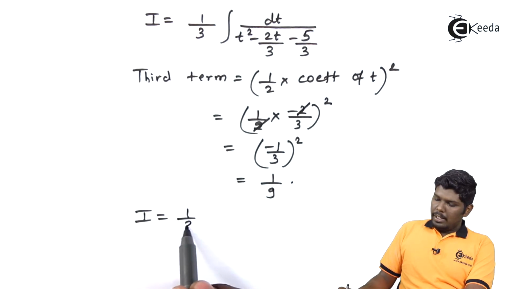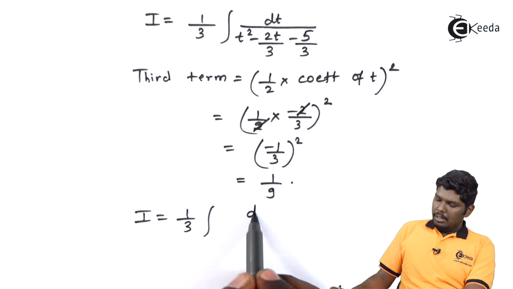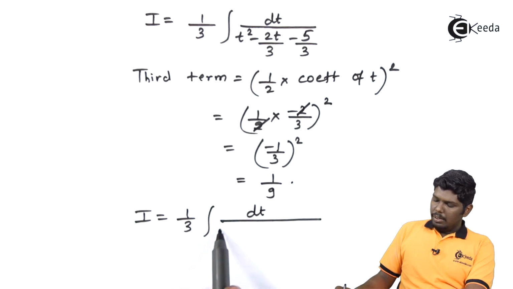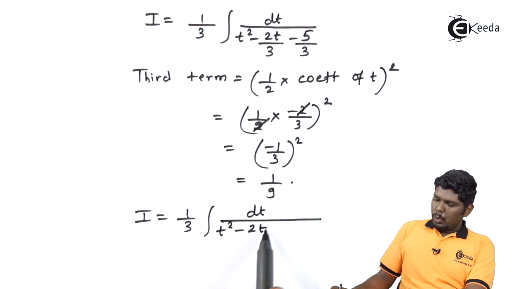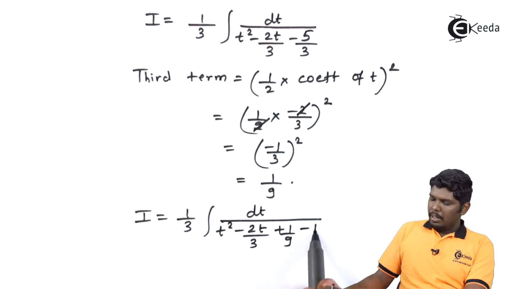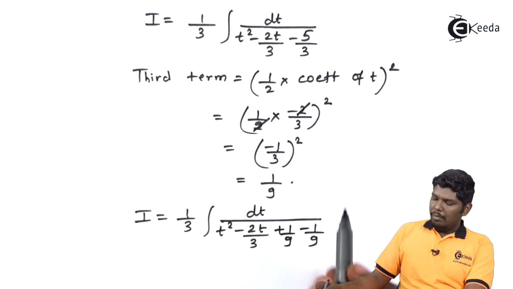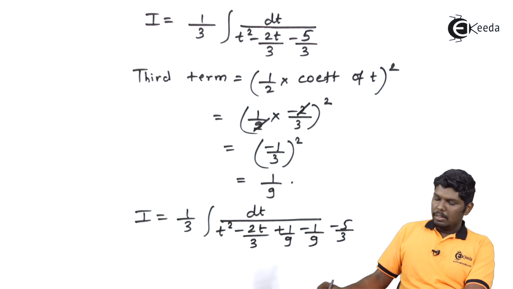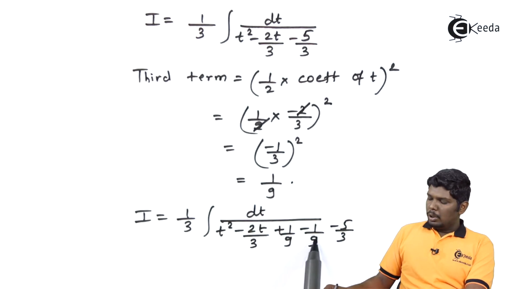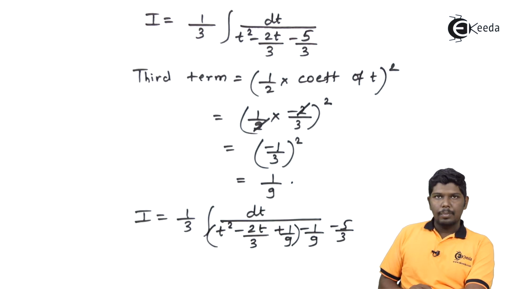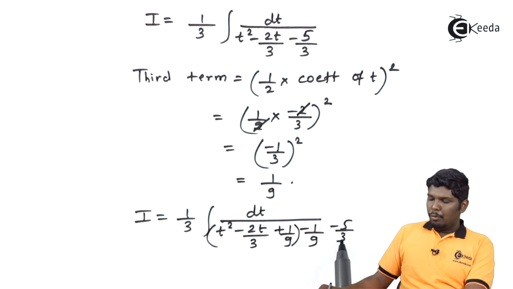This will give you 1 by 3 integral dt upon t square minus 2t by 3 plus 1 by 9 followed by minus 1 by 9, and we have further minus 5 by 3. Now we will solve these two fractions and simultaneously we can reduce these three terms. Here you can see we can take the LCM as 9. Therefore to make this 9 we need to multiply it by 3 and also the numerator by 3.